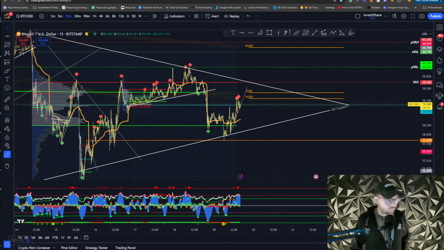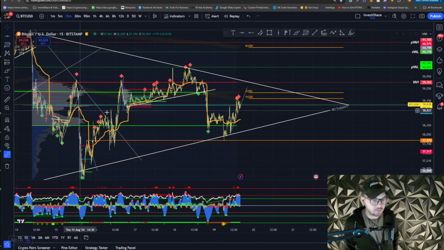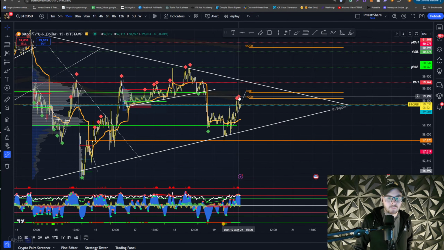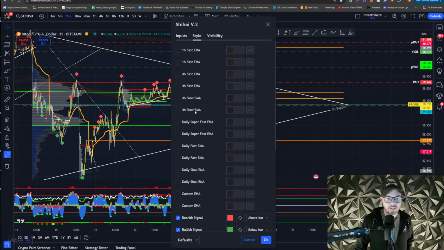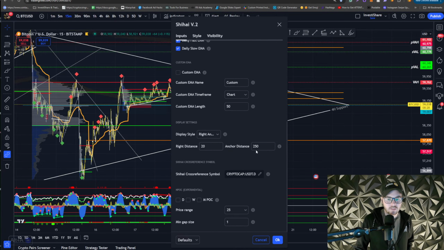Can you explain the red and green diamonds? I have the indicator. Oh, you have the indicator. All right, cool. So the indicator is looking for confluence in the cross-reference symbol that you've chosen. The default is the crypto cap against the USD dominance.